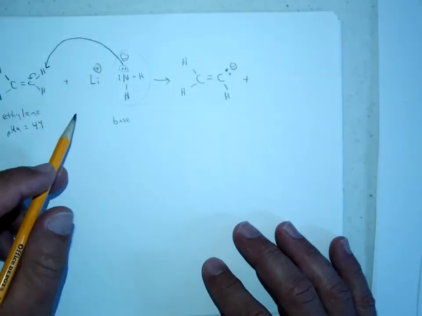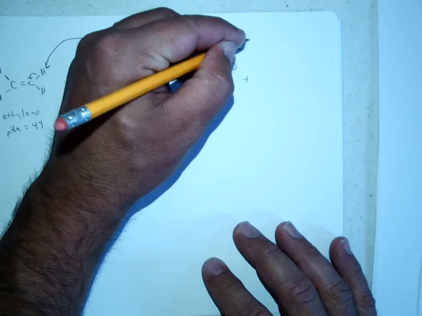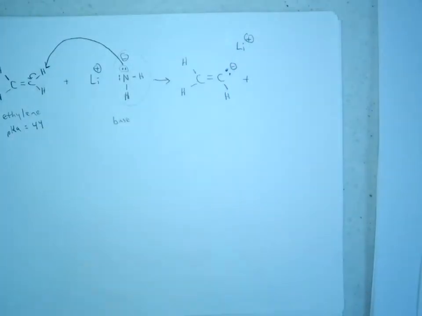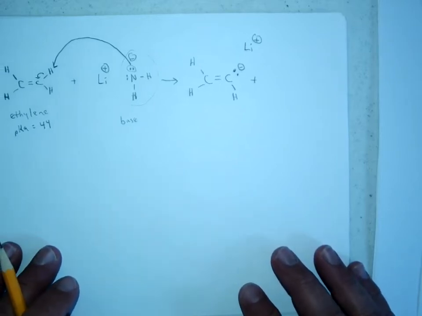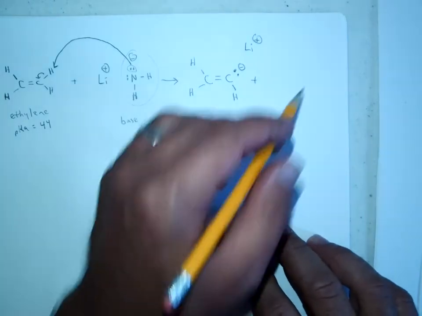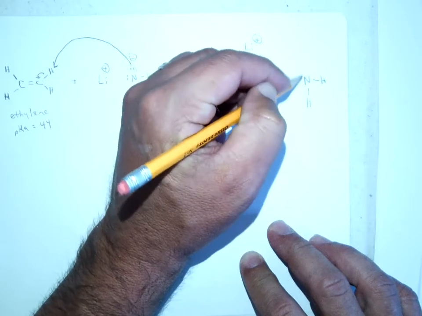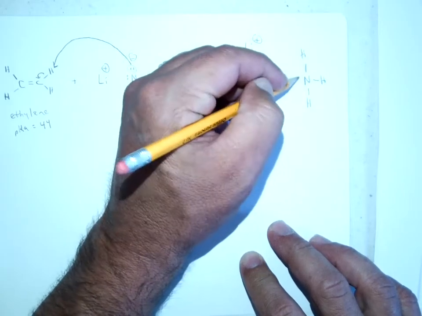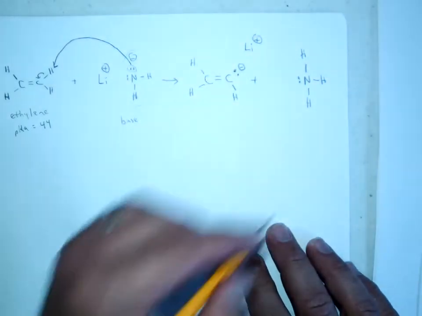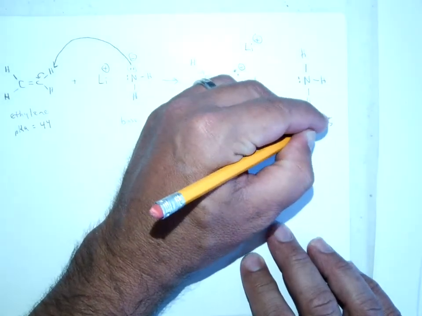And then the positively charged lithium isn't really doing anything except hanging out with whatever the anion is. So lithium with no electrons is pretty much there and unreactive. So your ethylene gets deprotonated to form its conjugate base, and then after the NH2 minus picks up the H plus, it becomes neutral, and the pKa here equals 35.